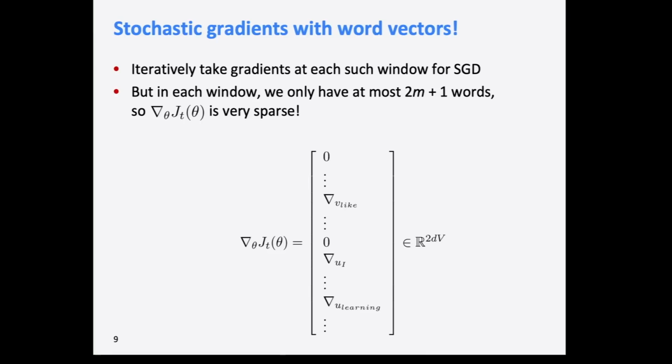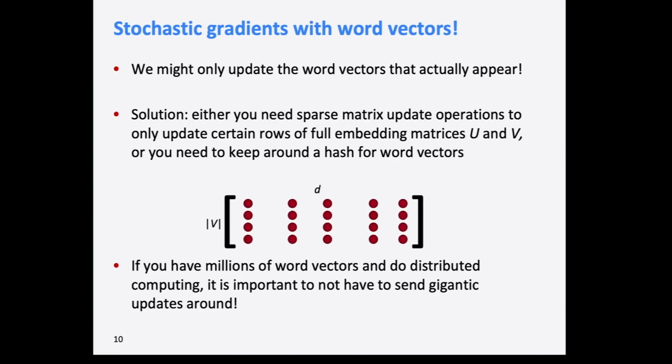And so we really have a very sparse parameter update. That suggests we probably want to only update the word vectors that appear. And then the question is whether you can achieve that. The dumb way to do it is you have this matrix that's nearly all zeros, and you say, add those two matrices together, and there you go.